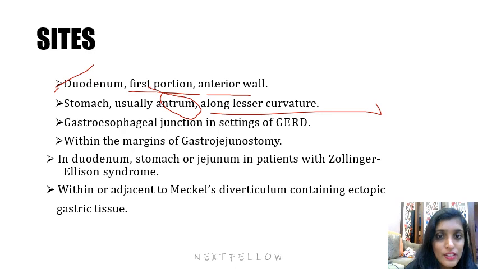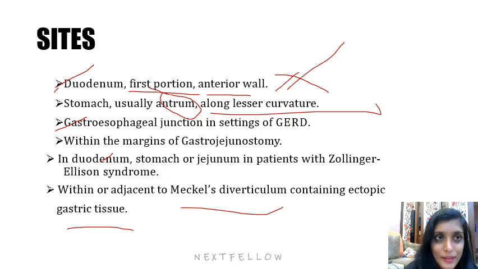Also the gastroesophageal junction in the setting of GERD, within the margins of a gastrojejunostomy, and in the duodenum, stomach, or jejunum in patients with Zollinger-Ellison syndrome, within or adjacent to Meckel's diverticulum containing ectopic gastric tissue. One thing you need to remember is if the ulcer is along the posterior wall, it leads to severe bleeding due to rupture of the gastroduodenal artery.